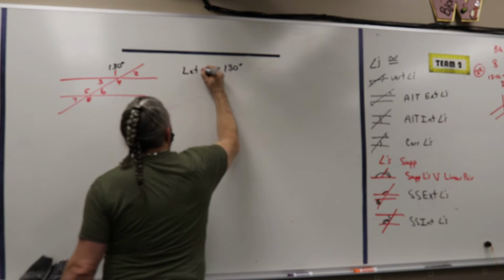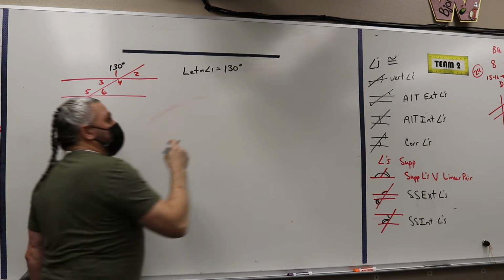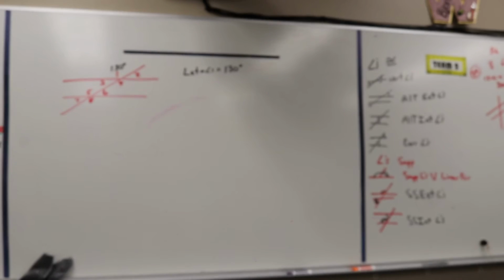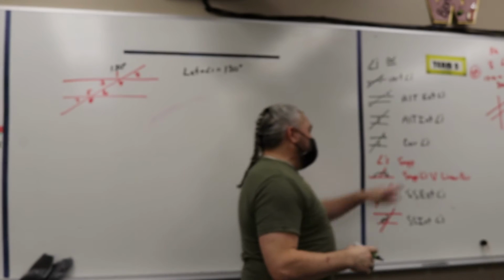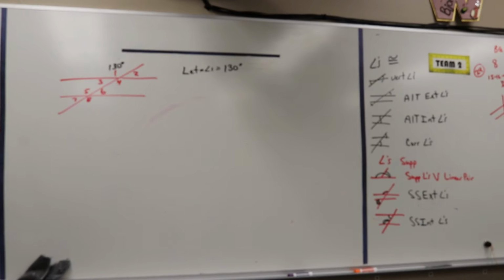And actually what they would say is let the measure of angle 1 equal 130, because the measure has to be the actual equals, right? When things are congruent, we can turn them into the measure by using the definition of congruency.